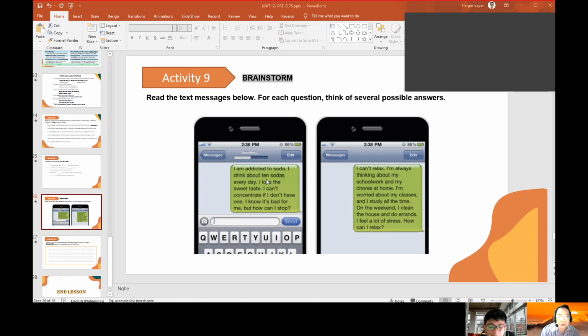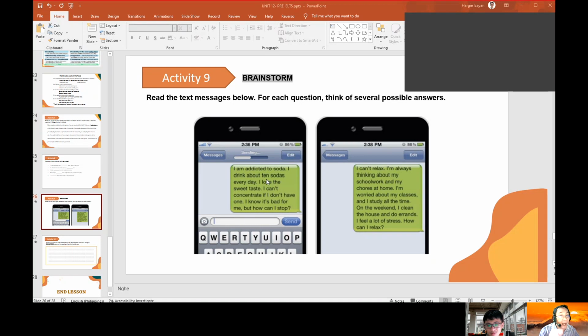Start first with, if it is 10, then on the next day make it 9. And then on the next day, make it 8, until such time that you reduce it to only 1. Okay? Because it's okay to drink soda, just only one, if you want it daily, but at least only one.